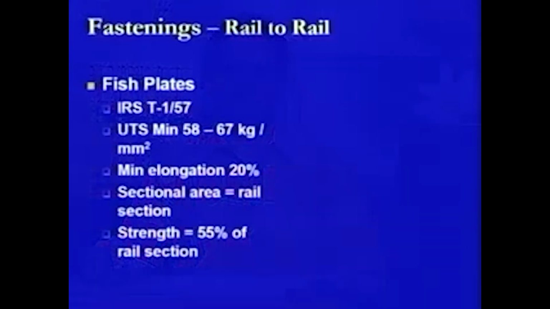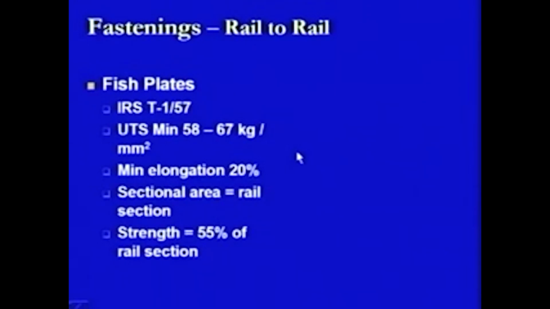So, in this case we will be starting with the very first category, that is rail to rail fastenings. In the case of rail to rail fastenings, the most important and the primary fastening which is being used is the fish plate. Now, this fish plate is designated as IRS T-1/57.